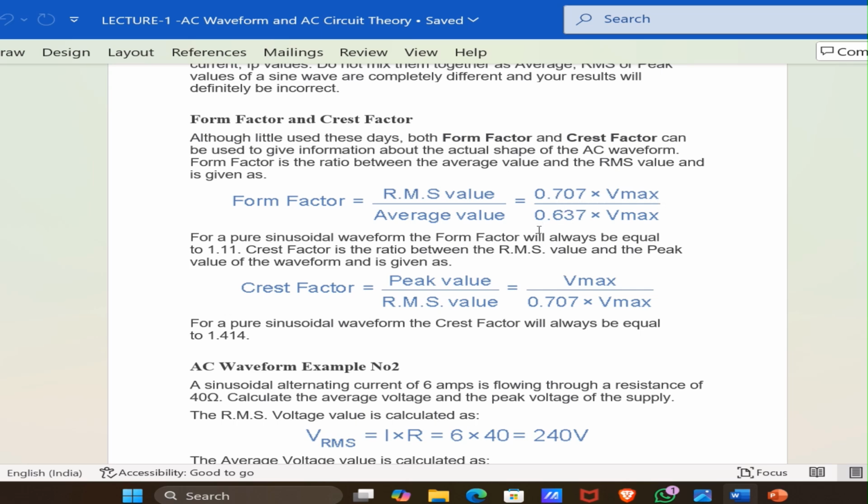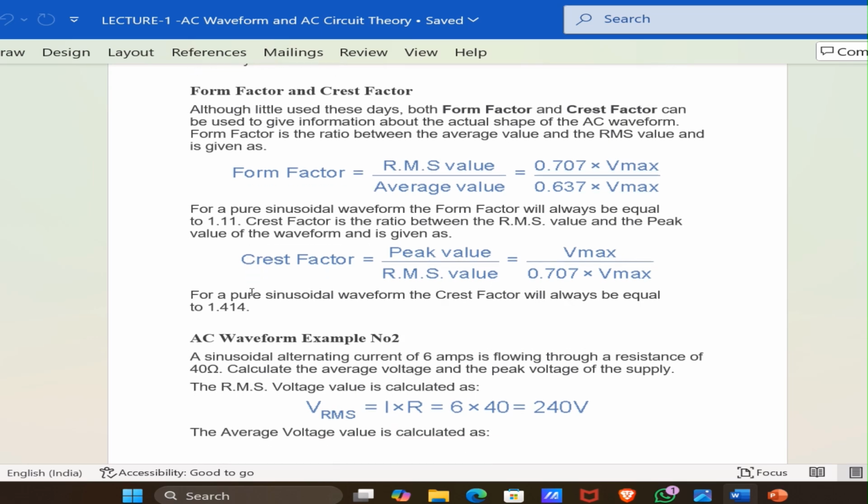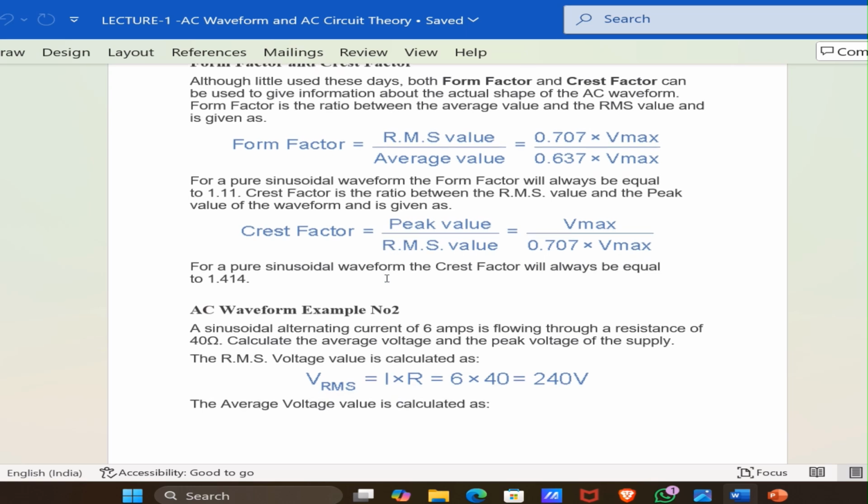This is just 1.11 in the case of a sine wave. So this is constant and fixed, without any unit. This form factor takes part in the calculation of voltage in the case of transformers or alternators as such.